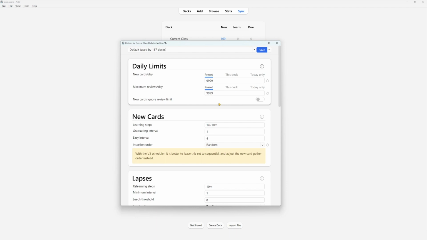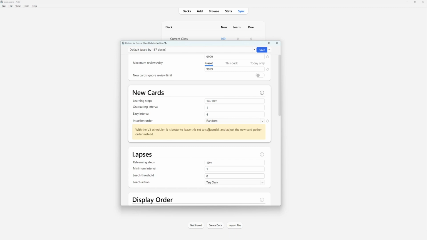If I'm studying that currently, I want that to be there. I'll show you how I would set the settings on the main deck here in a bit. But whatever you're studying on that deck, you want that to be maxed out. You don't want to not see any information, because if you're studying diabetes mellitus, you don't want to see just 10 cards. You need to see everything. So I keep all these maxed out here on the daily limits.